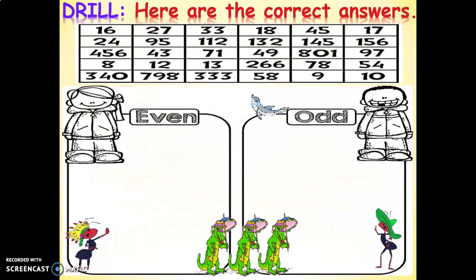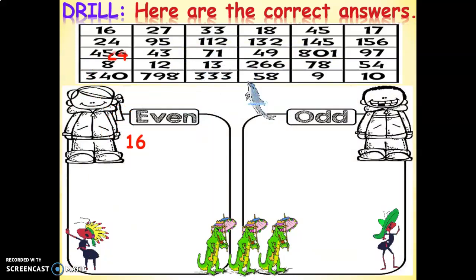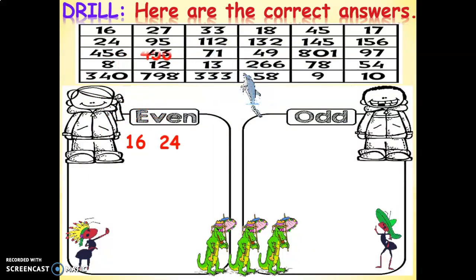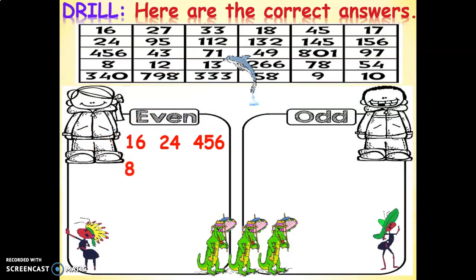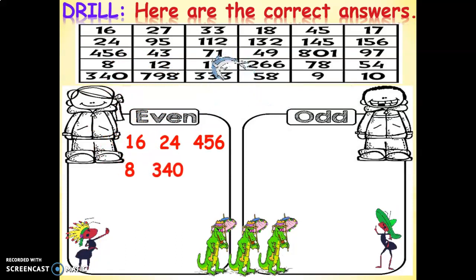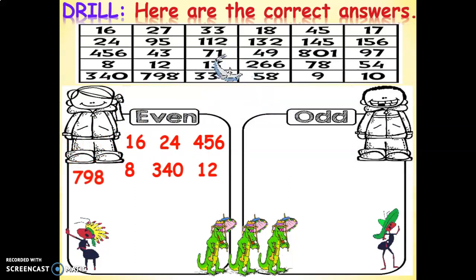For even numbers, we have 16, 24, 456, 8, 340, 12. We also have 798.